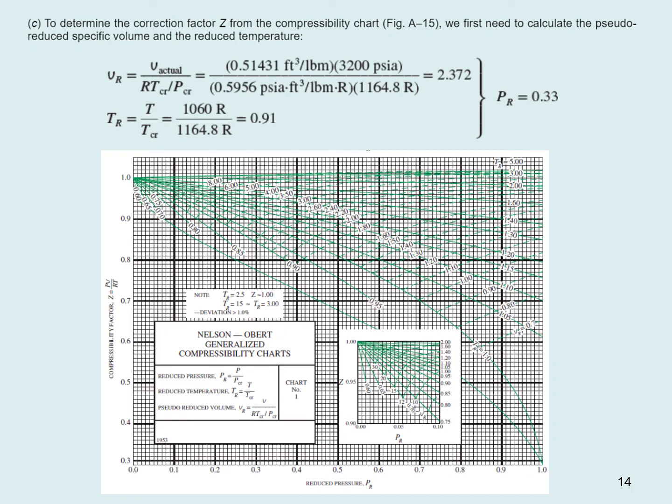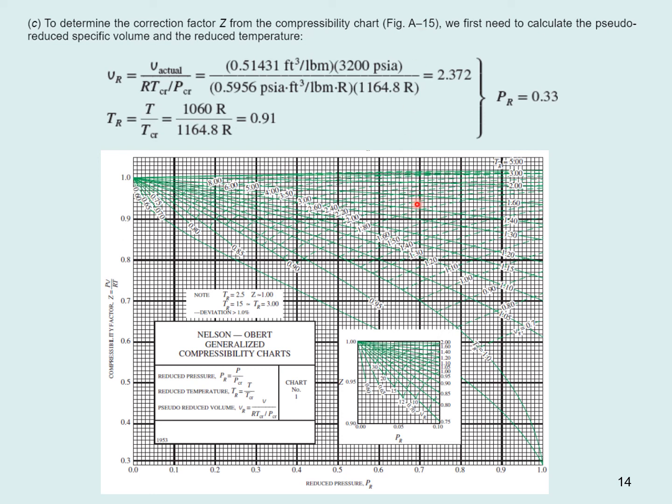Let's use part C to determine the correction factor from the compressibility chart. First, we have to calculate the reduced volume and reduced temperature. These are the equations to calculate that. Then you can look at the compressibility chart. This is chart A-15. Notice that even though these are in English units, we're going to the A charts. There is no A-15E.